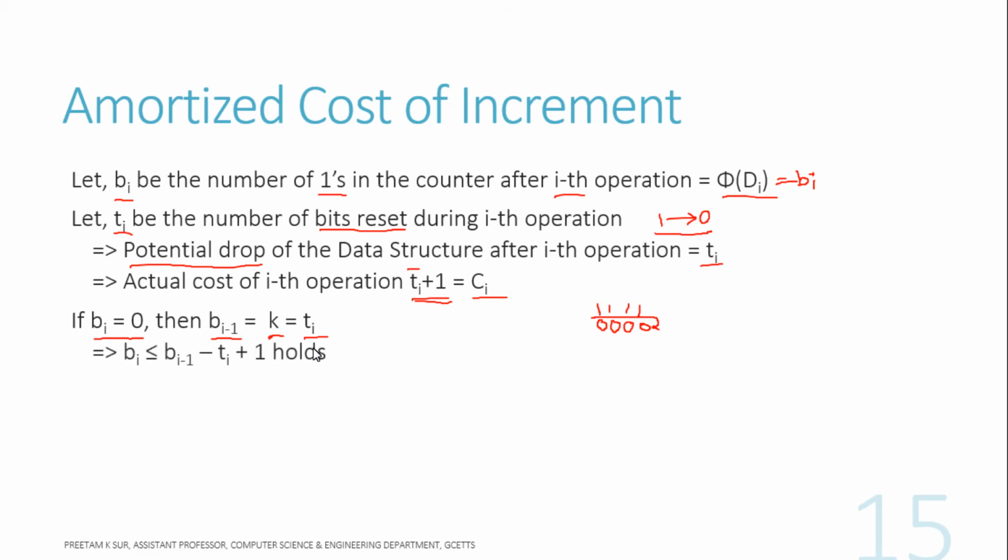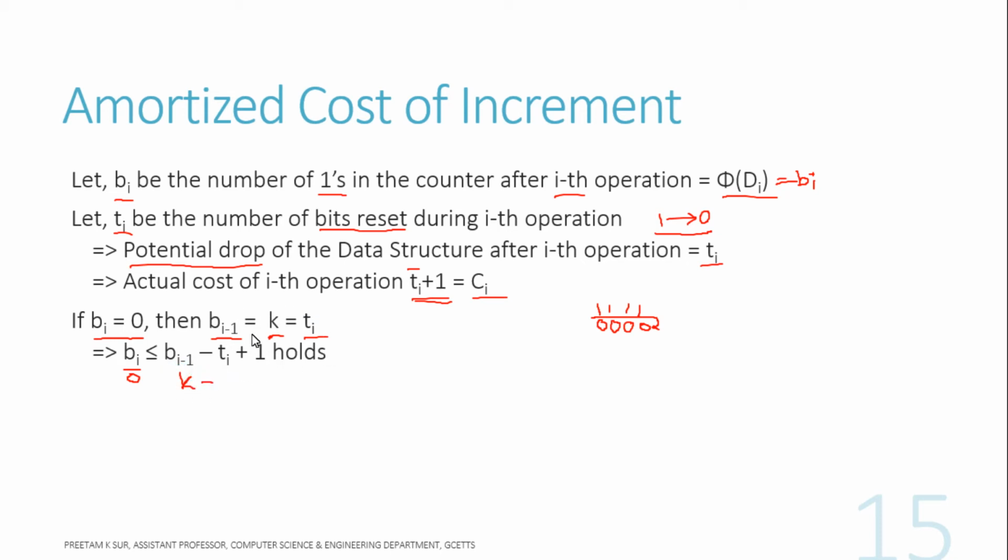Now we can tell that bi is less than or equal to bi minus 1 minus ti plus 1 holds. Why? In this step we have bi equal to 0. Now bi minus 1 is nothing but k, minus ti.